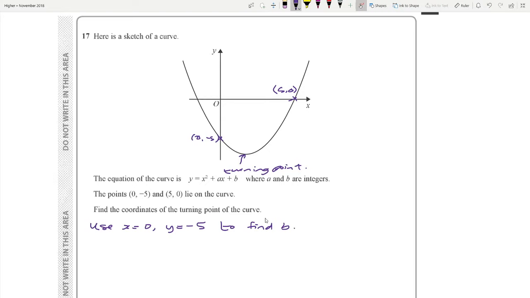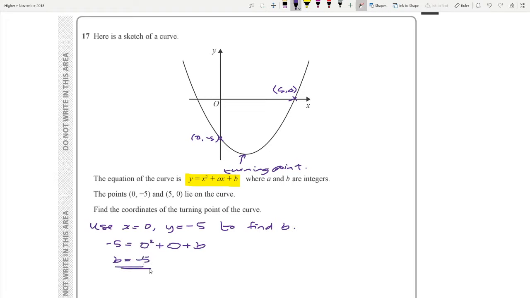So using the equation, we know that y is minus 5, so it becomes minus 5 equals x squared, which is 0, add ax, which is a times 0, which is also 0, plus b. We need to find out what b is. So 0 squared is 0, add 0, which is 0. Then add b, so b equals minus 5.